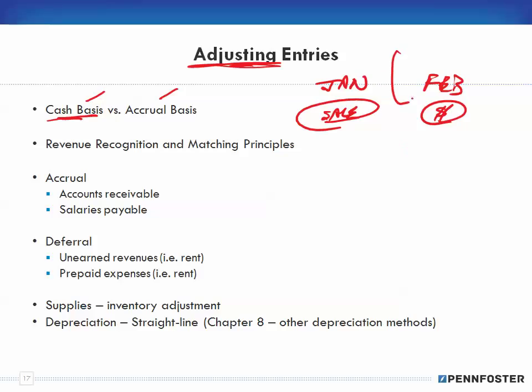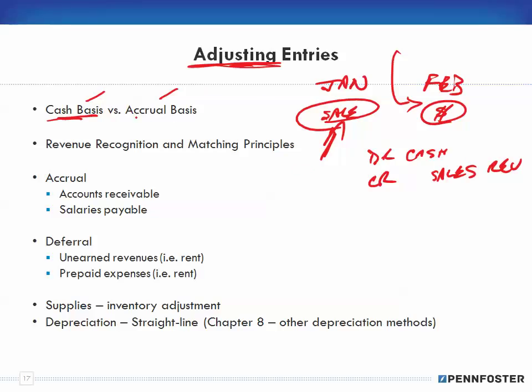So from a cash basis perspective, you would not enter that transaction, a debit to cash and a credit to sales revenue, until February, even though the sale was made in January. So that's the cash basis.